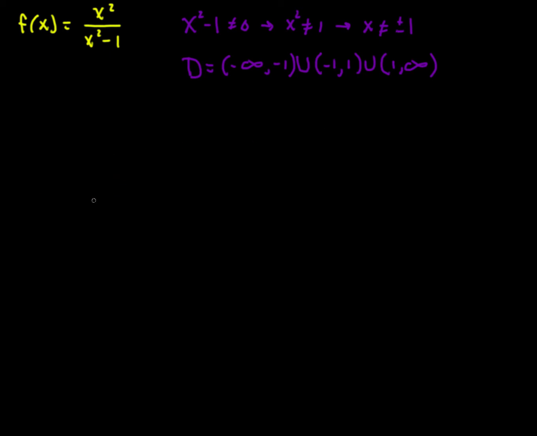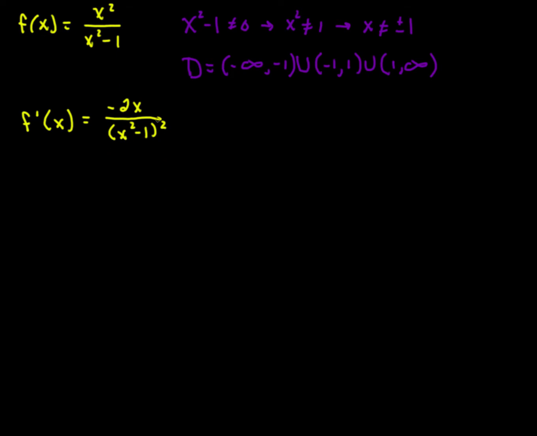So our derivatives, so let's look at f prime of x. Like I said, I'm going to speed this up. This is a quotient rule, but if we computed the derivative, we would get negative 2x divided by x squared minus 1 quantity squared.